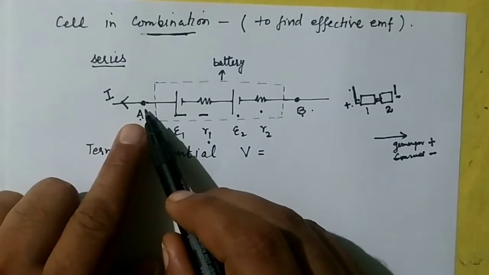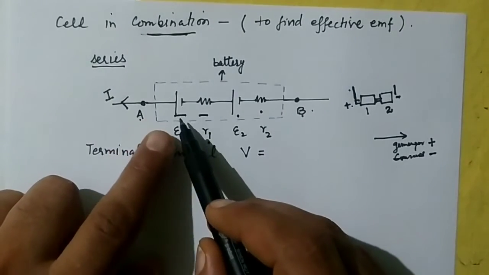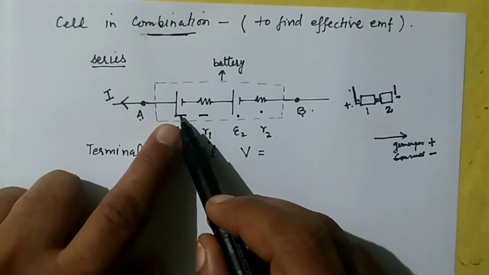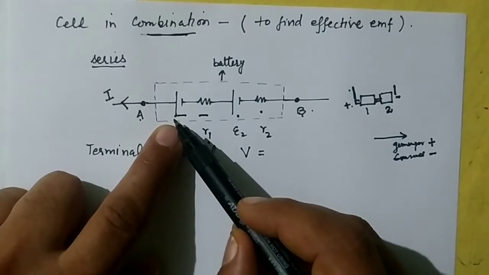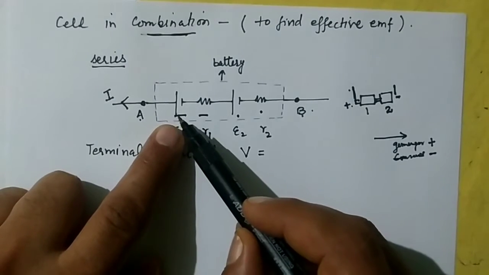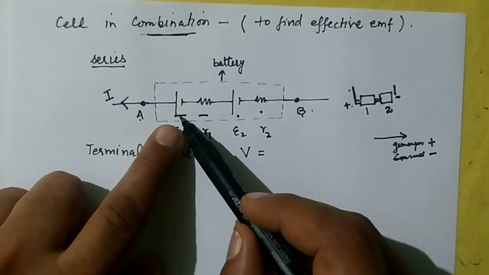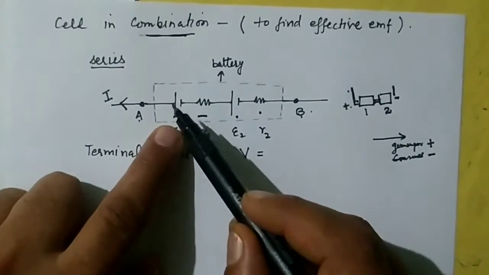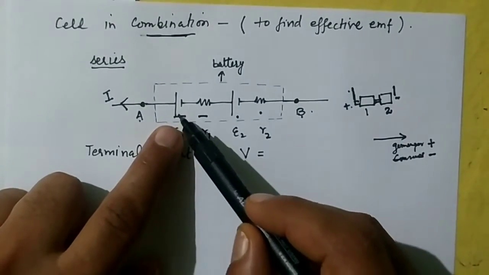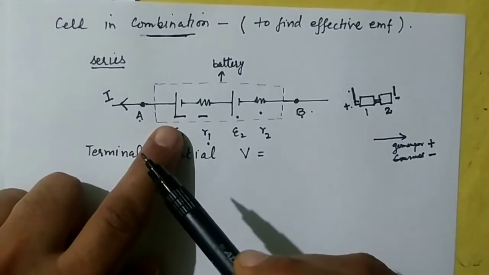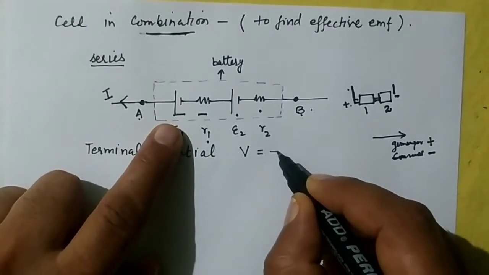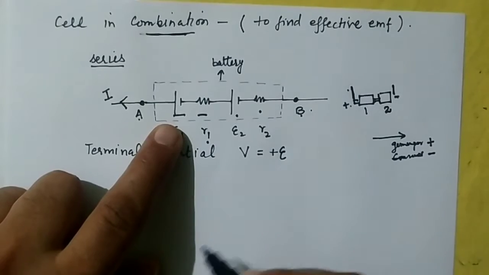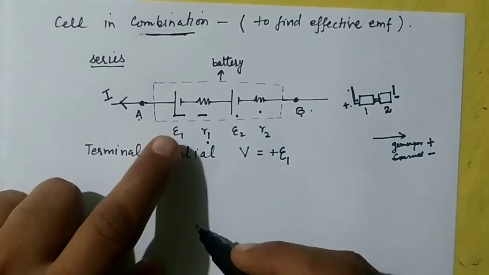As we move from A, this is your cell, and the direction of current is determined by this cell. So there is a generation; it provides the potential to the external circuit. So here it is positive E1.